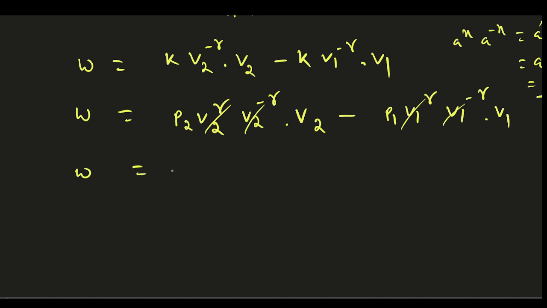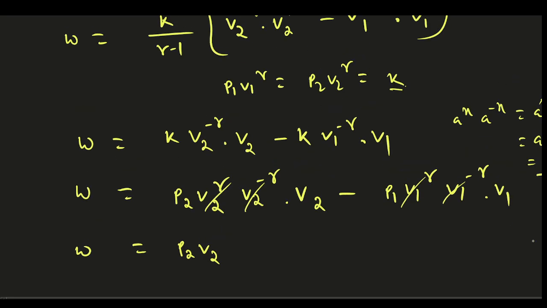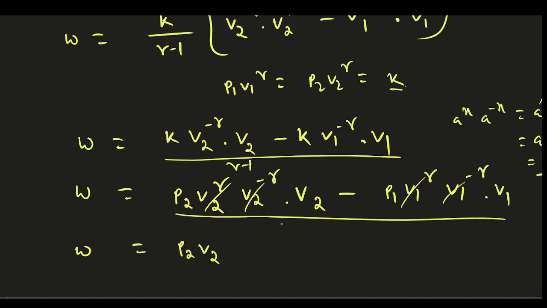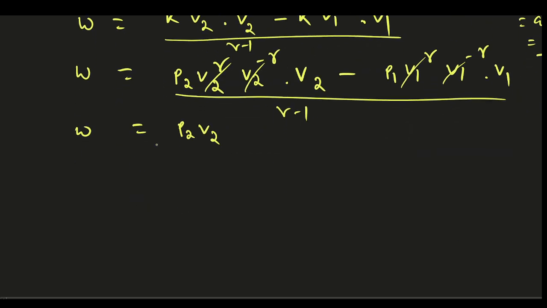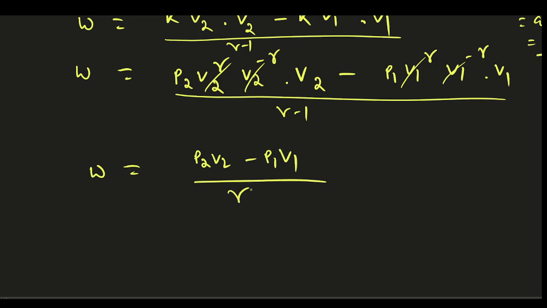So W equal to P2 V2, and downside gamma minus 1 is there. So W equal to, this cancels, so P2 V2 minus P1 V1 over gamma minus 1.